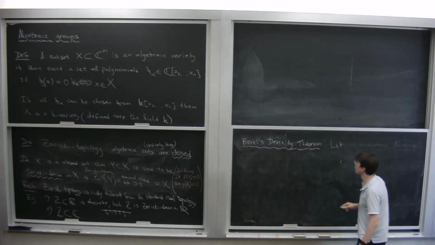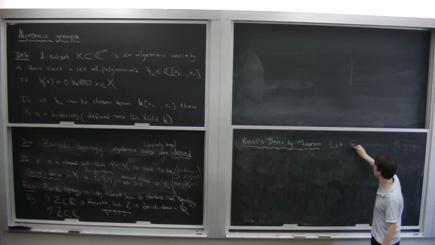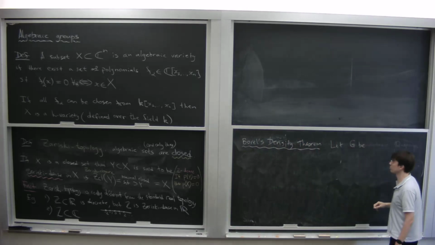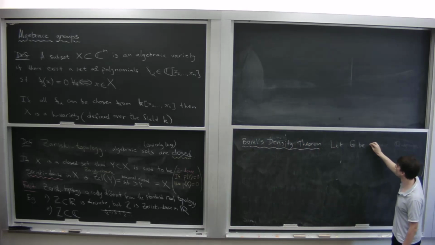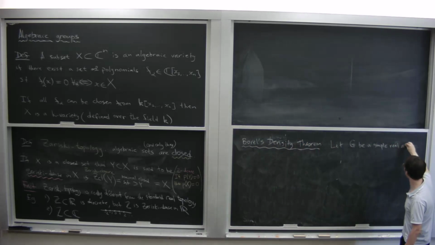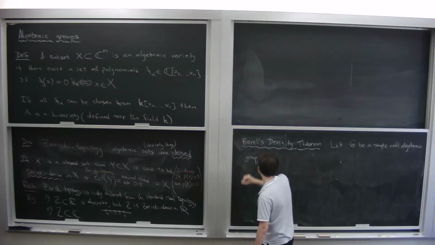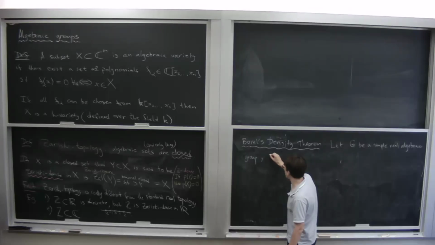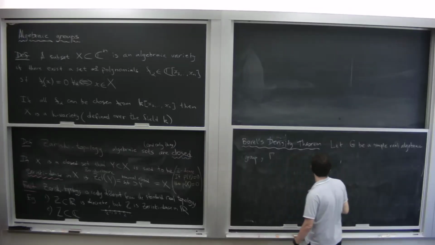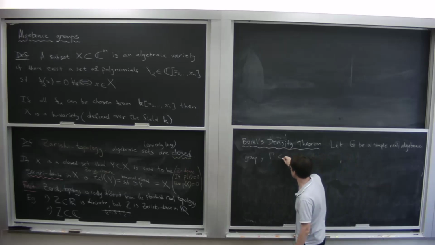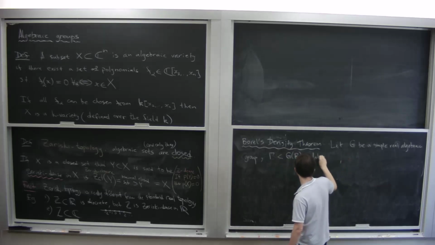Let G be now viewed as a simple real algebraic group, and let gamma be a lattice in G, or G of R.